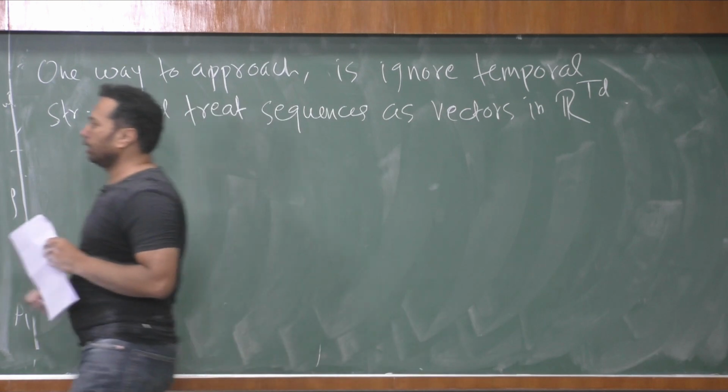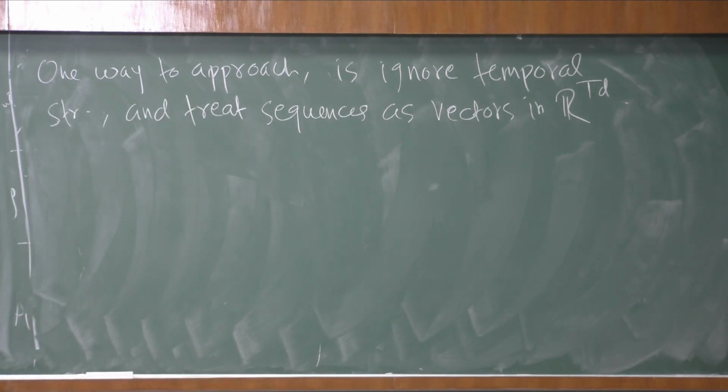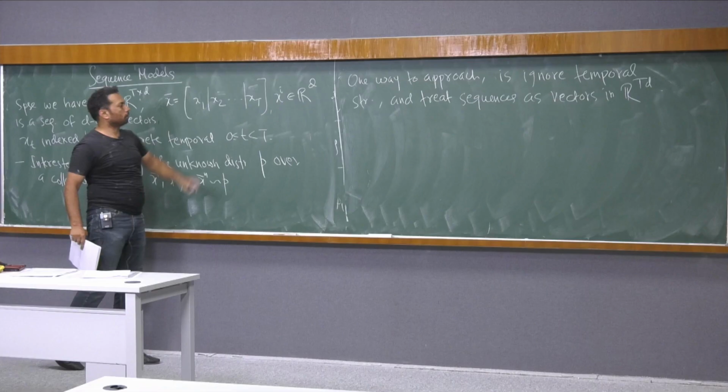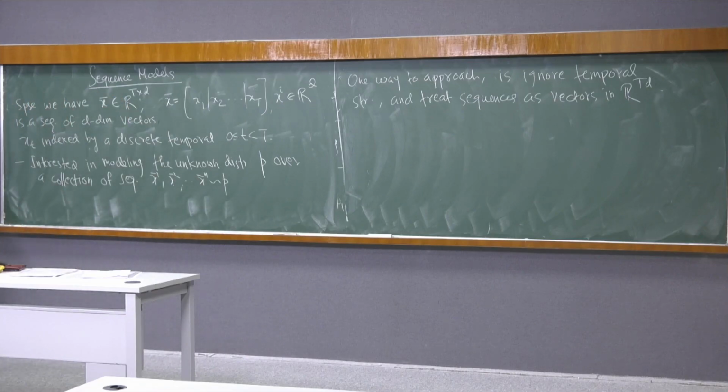As you can see, I am just taking this as R^(Td). Basically, I make one big vector of all this, and treat it as just one big vector of dimension T times d. So that's one possibility.